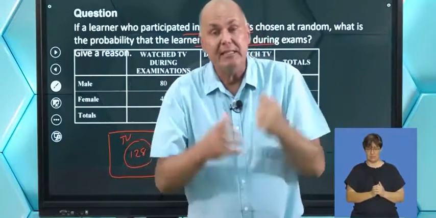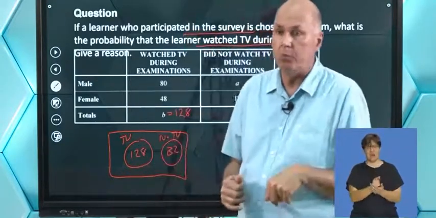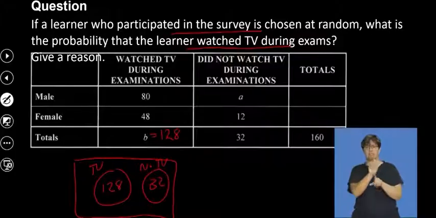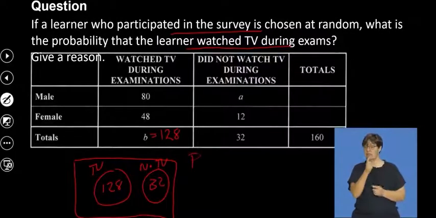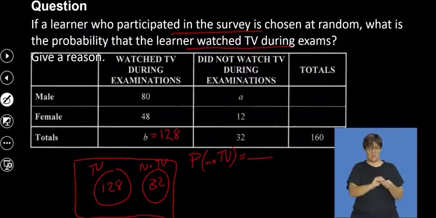And the easy way, the straightforward way, is to count up those that did not watch TV, and we'll simply say the following. We'll say the probability of those that did not watch TV, no TV, is going to be equal to those that didn't watch TV divided by the total number of learners in the survey, which was 160.